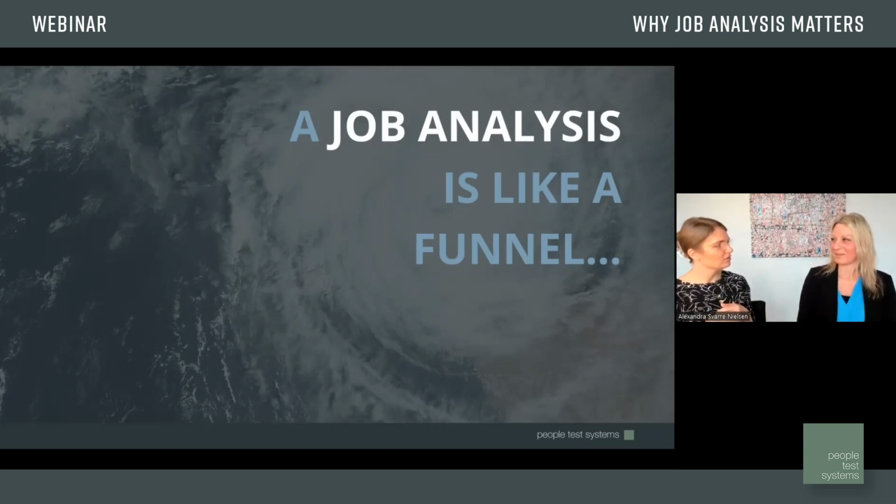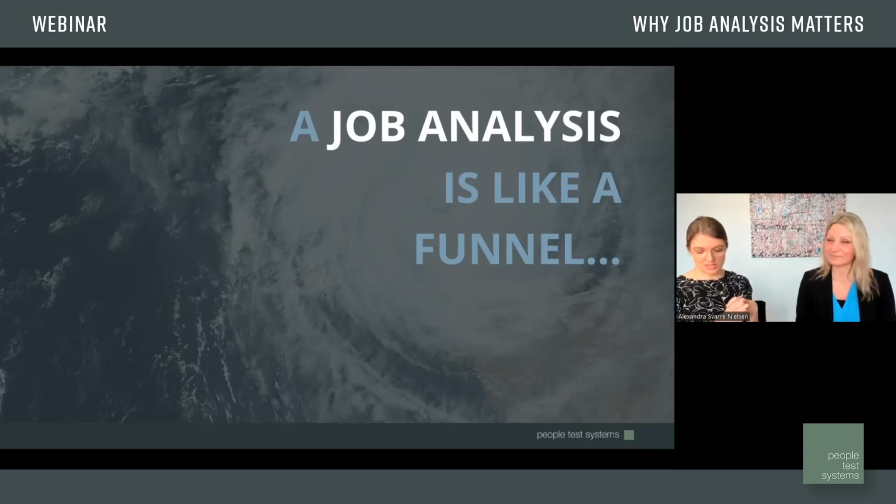Otherwise we sit with a candidate pool that is like, this is not exactly what we're looking for, and we need to restart again. So a lot of resources are being wasted there, and the words that you read when you read a job advert need to talk to you. So it needs to be the right words describing your competences, and especially if there's a limited field of candidates, this gets even more important.